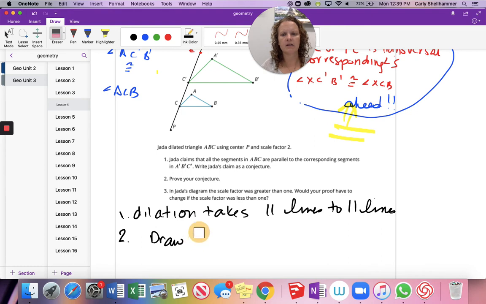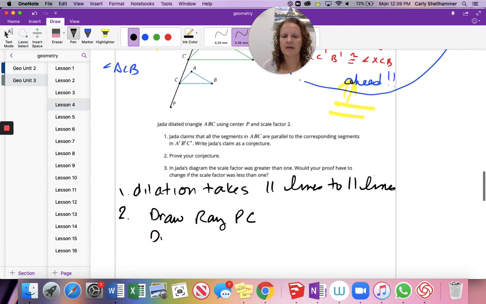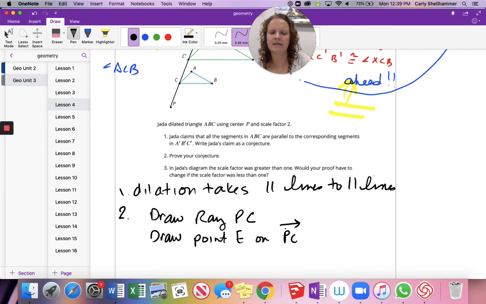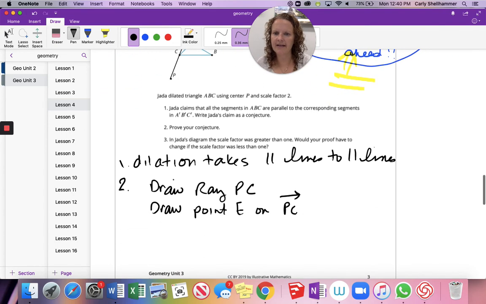I'm going to take a slightly different step to help it make sense. So we're going to draw ray PC and then draw point E on ray PC. I can say ray PC or I can do PC with a ray over it. That's equal ways to say ray PC. Cool.